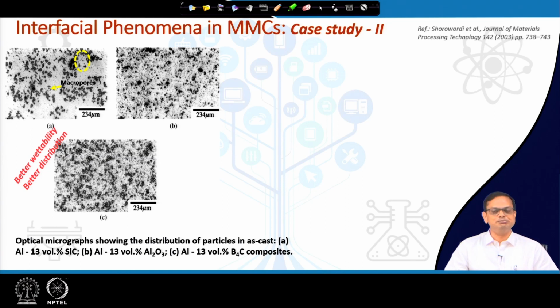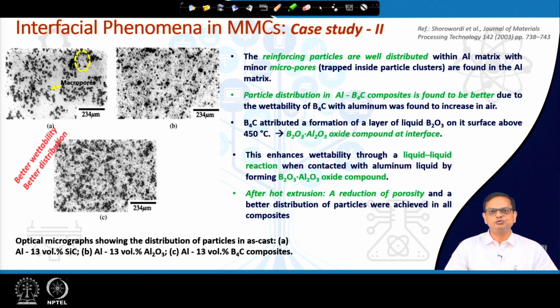So, obviously, B2O3 melts and makes a thin liquid layer on the surface of B4C, which improves the wettability, and that is why B4C particles are homogeneously distributed. And after hot extrusion, in all cases there will be a reduction in porosity, which does not really need to be mentioned.